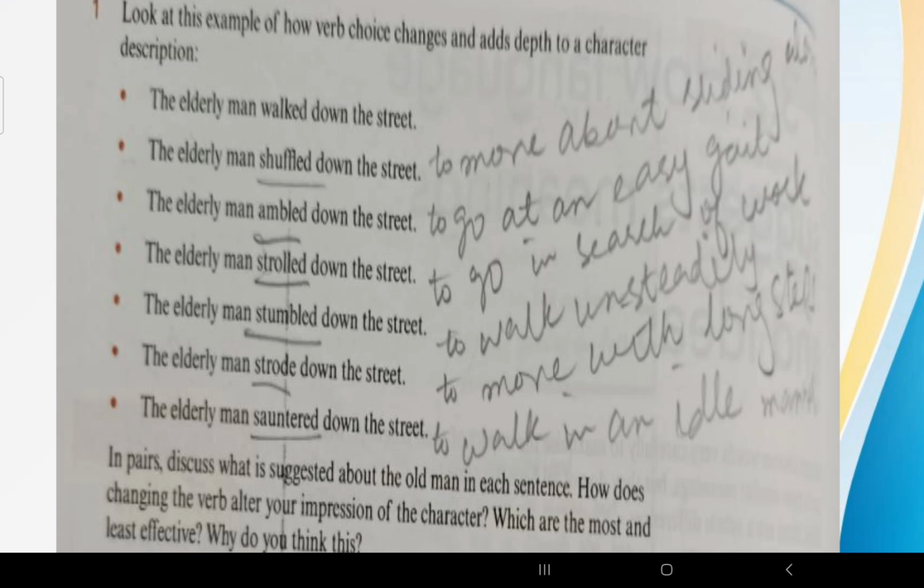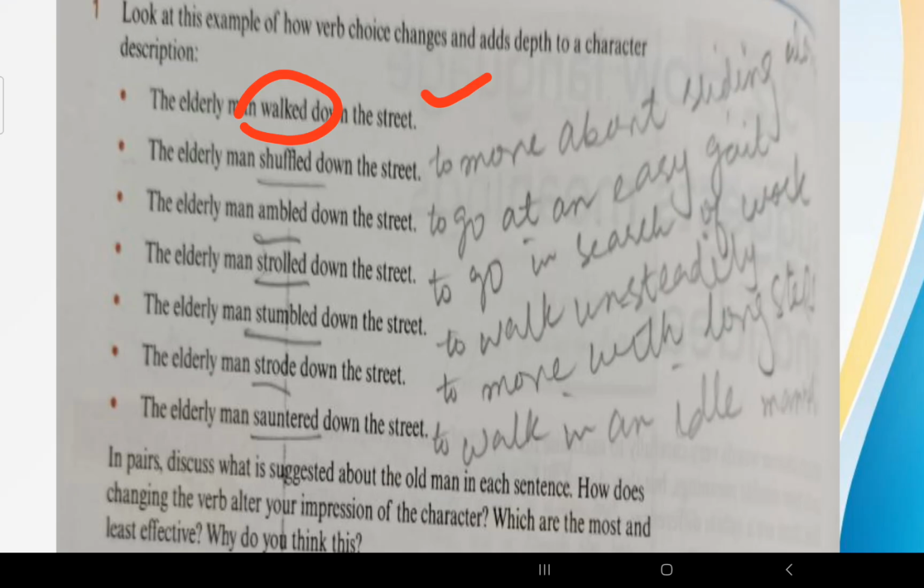When you simply use the word, the elderly man walked down the street. The word walk is very simple. We know that somebody is walking. The elderly man shuffled down the street. When you are shuffling, basically you are moving in such a motion that you are sliding sideways.